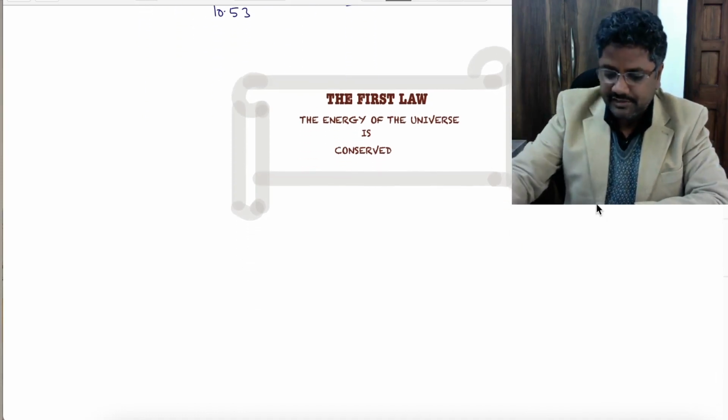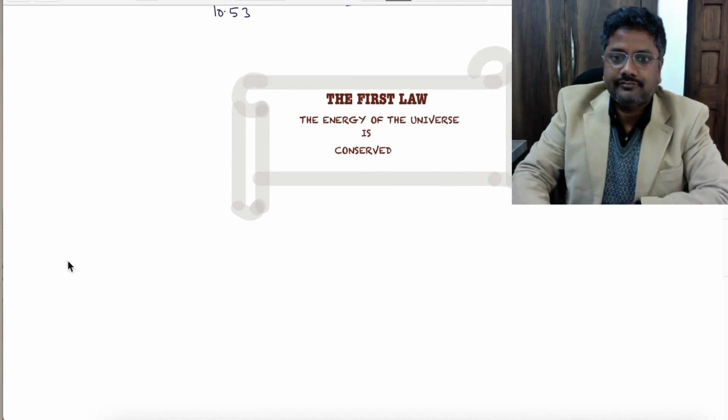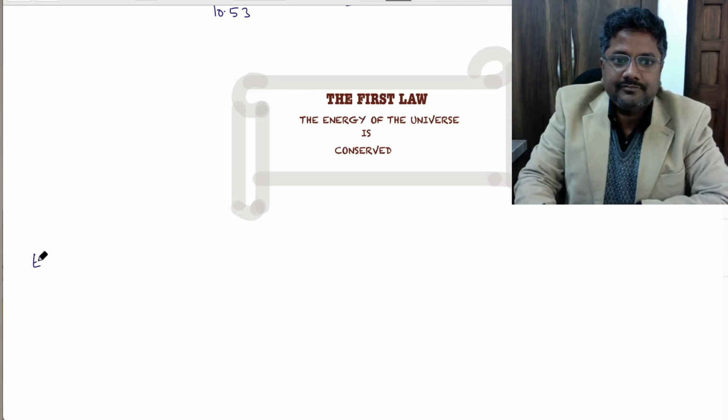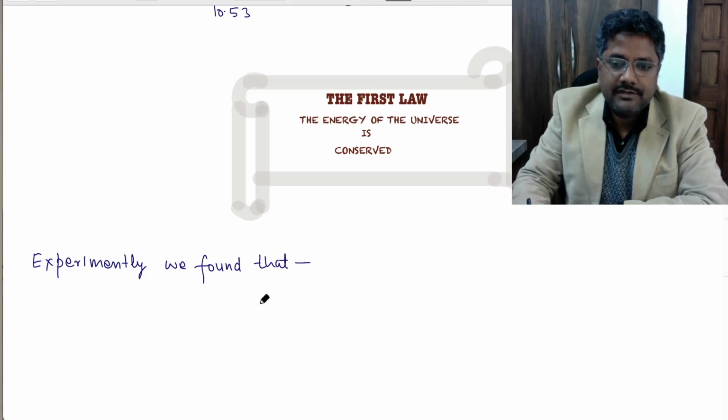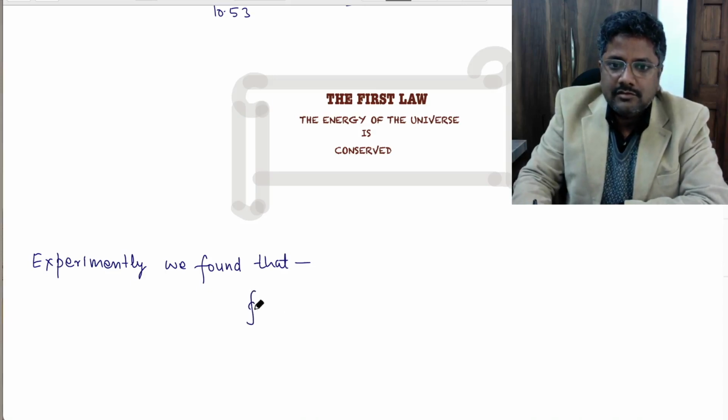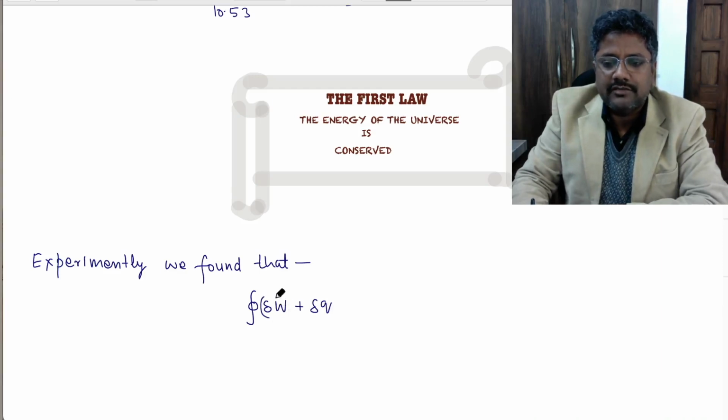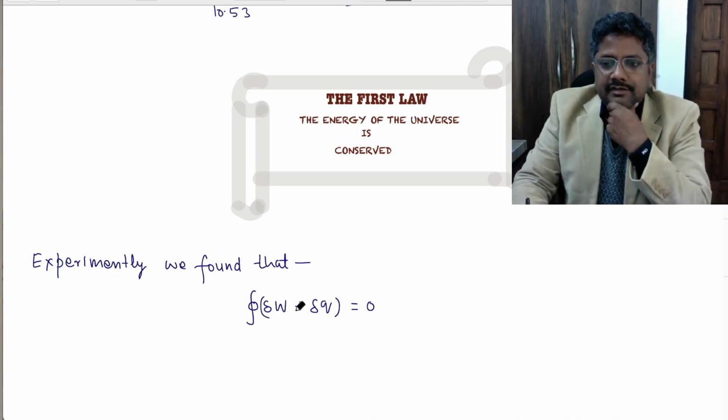Experimentally, we found that the sum of delta W plus delta Q is equal to 0. Here, by default, when in chemistry I am talking about this, W means W PV basically.